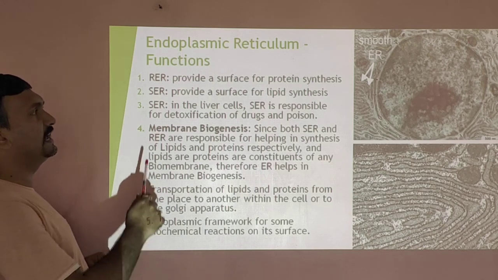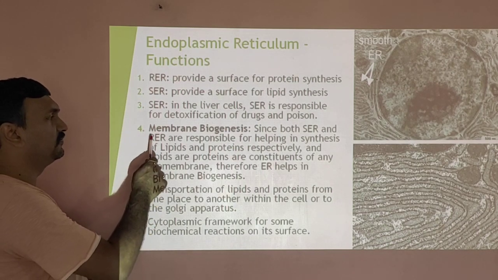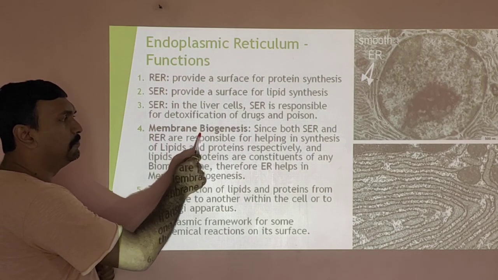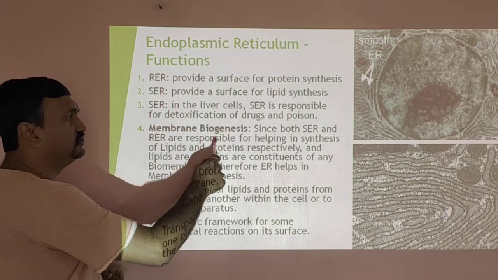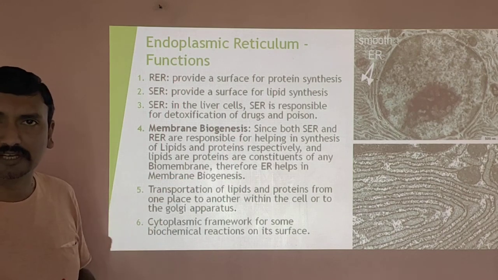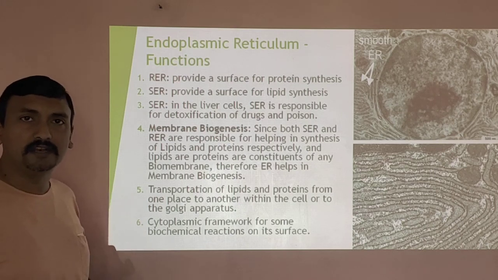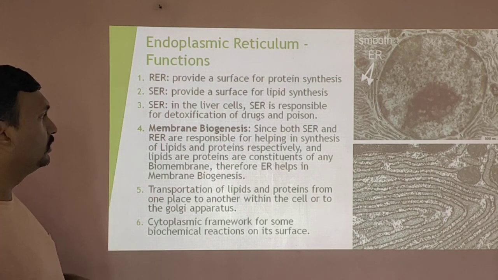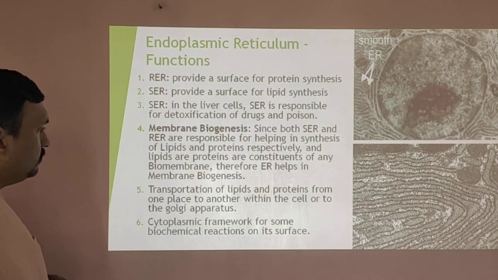Therefore, we say that rough and smooth endoplasmic reticulum is responsible for membrane biogenesis. Bio means living, genesis means formation. So it helps in formation of the membrane in the living world. That's why we use the term membrane biogenesis.